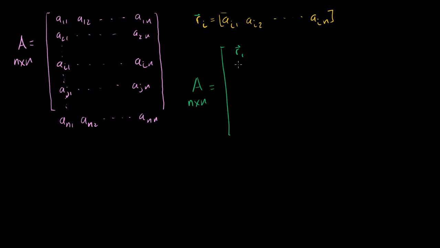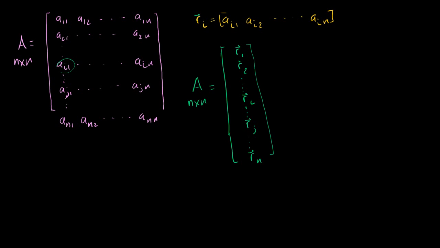And then we have R2 as the next row, all the way down. You keep going down, you get to Ri, that's this row right there. You keep going down, you get Rj, and then you keep going down until you get to the nth row. And each of these guys are going to have n terms because you have n columns. So that's another way of writing the same n by n matrix.